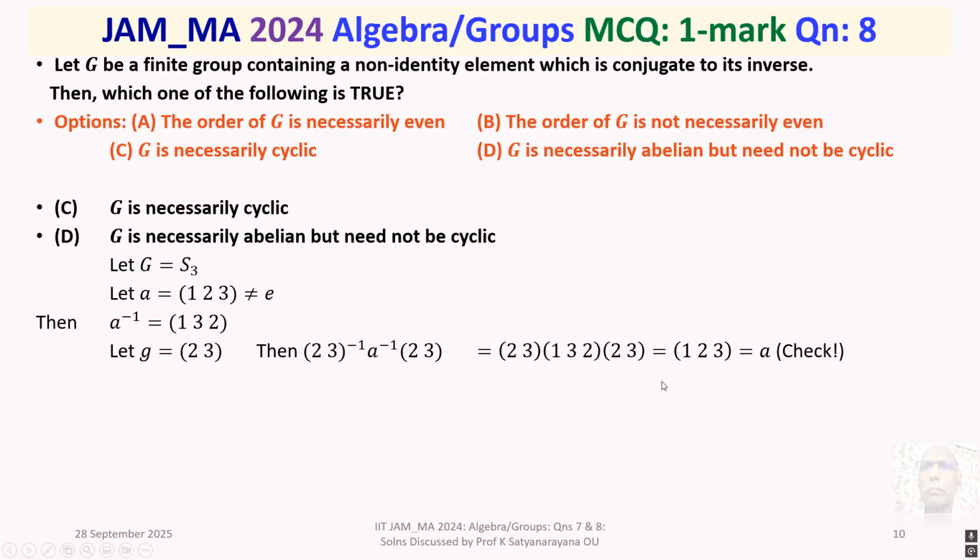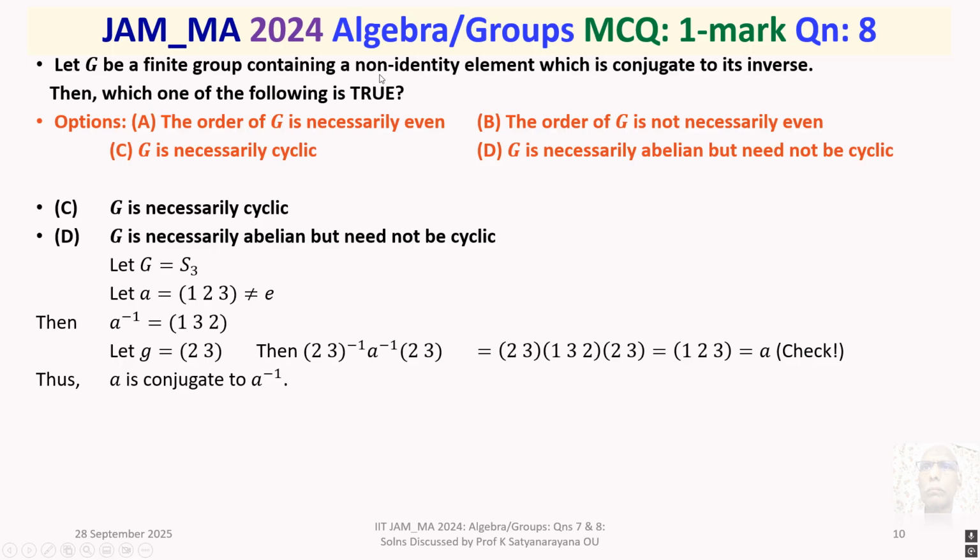From right to left you have to multiply the permutations. And the answer is (1 2 3), which is A. So there is an element A, which is not the identity, which is conjugate to its inverse.